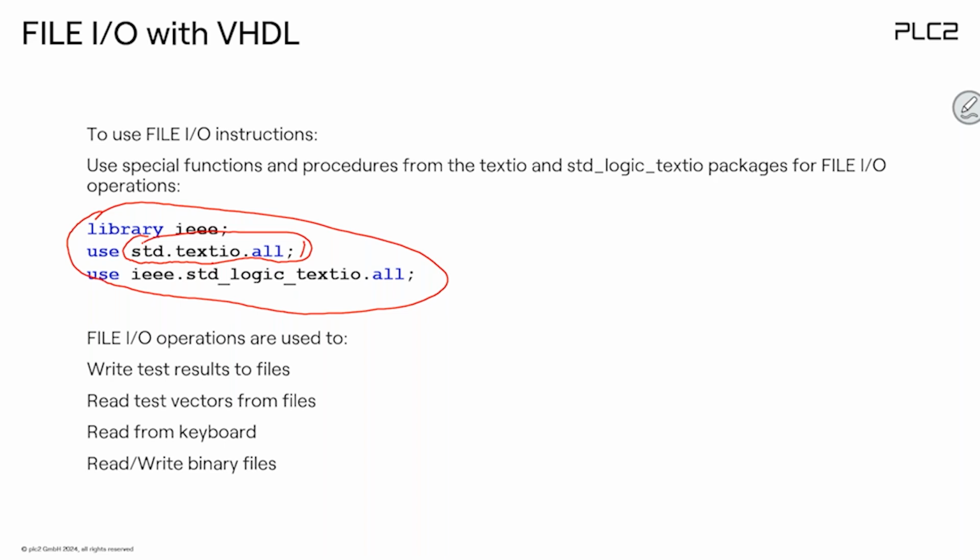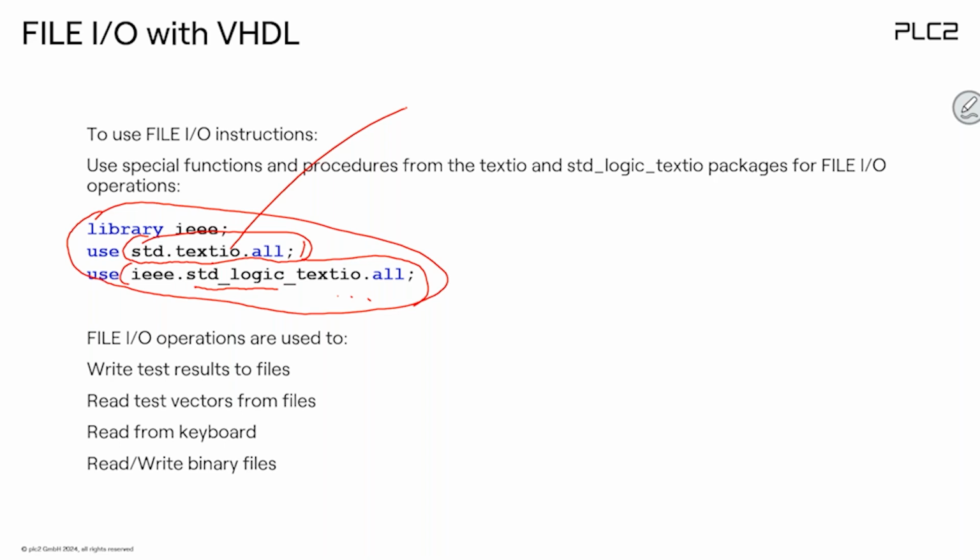But the type standard logic is not a standard type in VHDL. It's an extra type which was added using an extra standard logic package. So in order to support this, we need an extra package, and this extra package basically contains just all the procedures, reading and writing, but for the type standard logic. Because the text IO package contains all the other default types like time, integer, bit, string, and whatever. So that's the reason why we do need two packages.